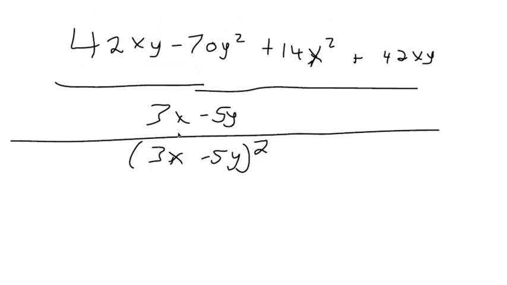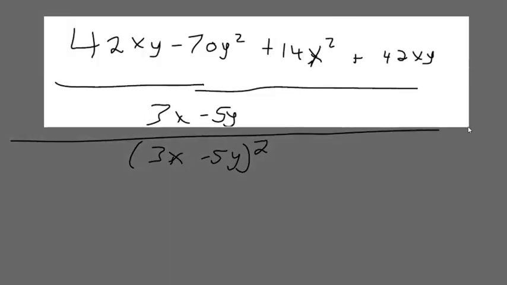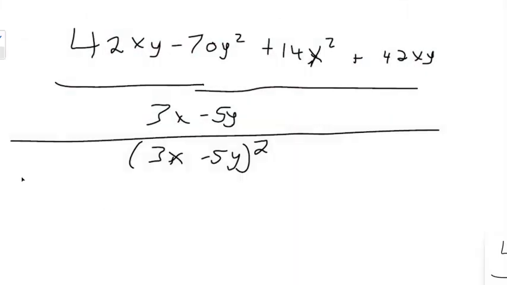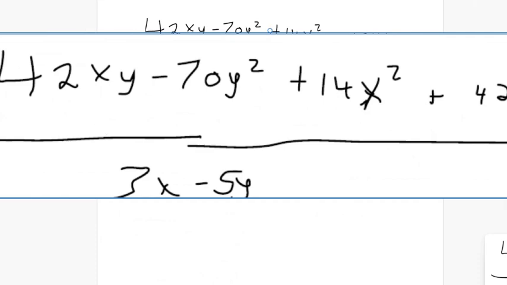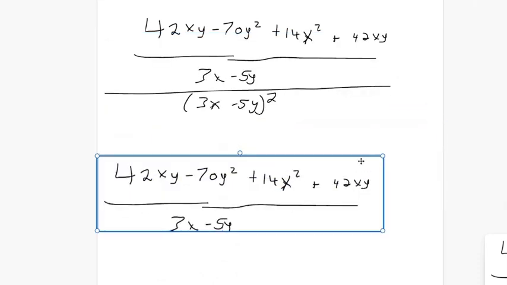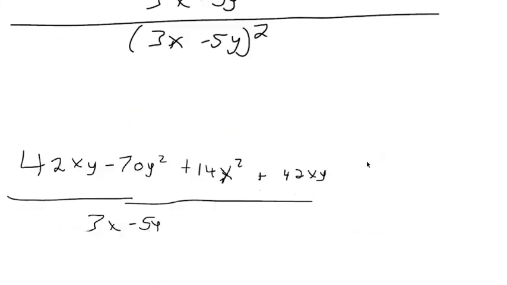Okay, so if we're dividing by this, that's the same thing as rewriting it as this top fraction, divided by this bottom, 3x minus 5y squared.